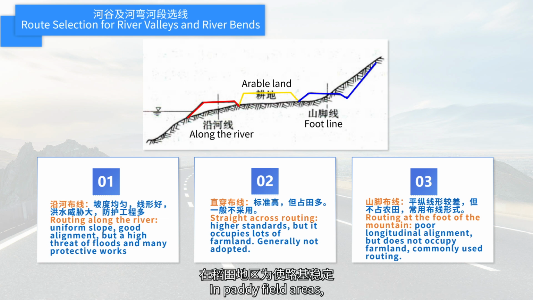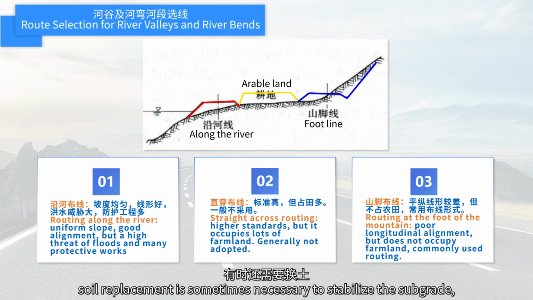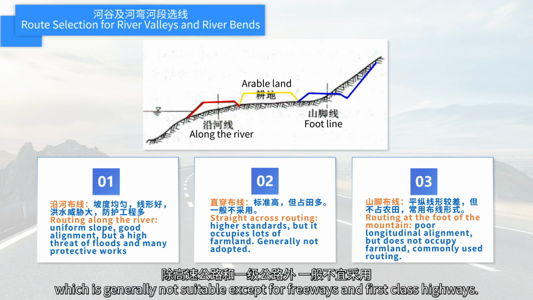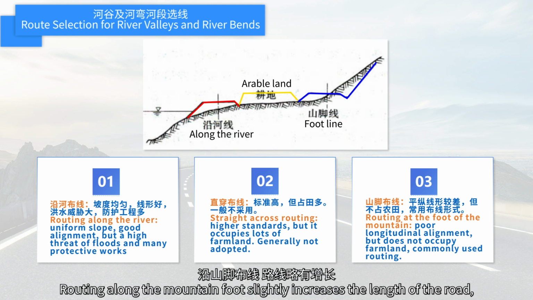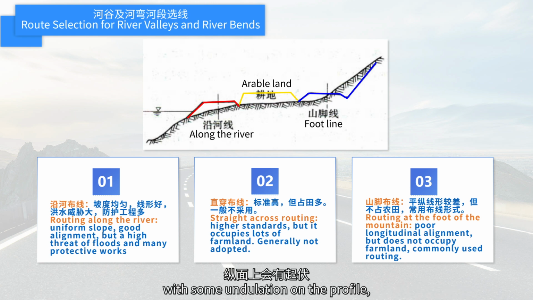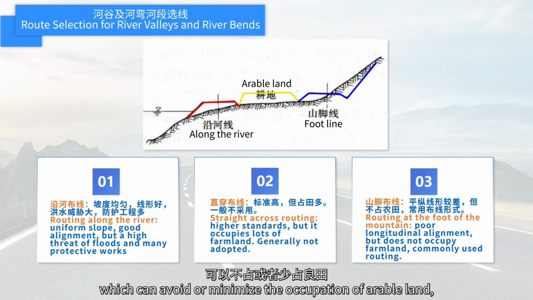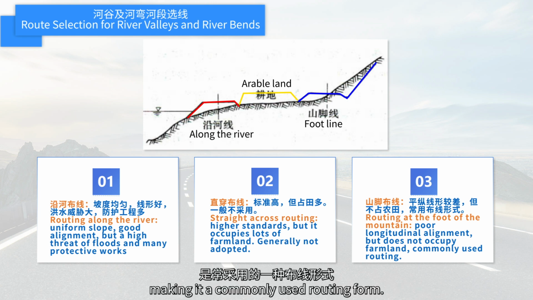In paddy field areas, soil replacement is sometimes necessary to stabilize the subgrade, which is generally not suitable except for freeways and first-class highways. Routing along the mountain foot slightly increases the length of the road, with some undulation on the profile, which can avoid or minimize the occupation of arable land, making it a commonly used routing form.